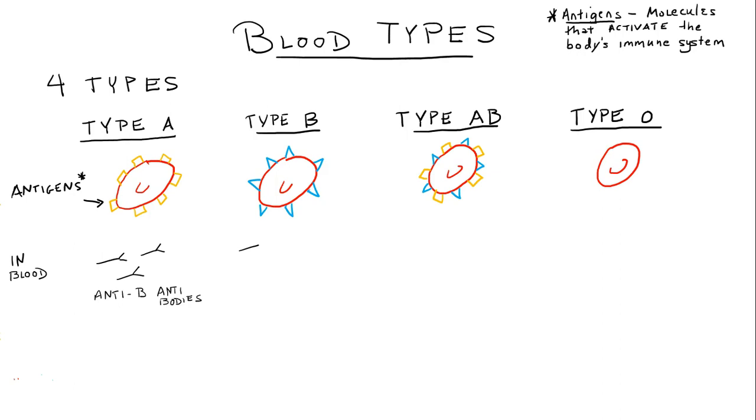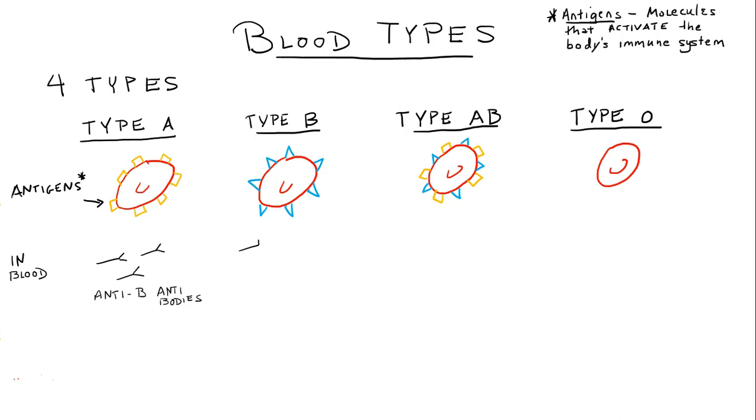So if a person with type A blood receives a transfusion of type B blood, those anti-B antibodies are going to react with the transfused blood, and that could cause what is known as clumping, or agglutination, in the blood vessels of that person. The person could die. They received the wrong blood in a transfusion.